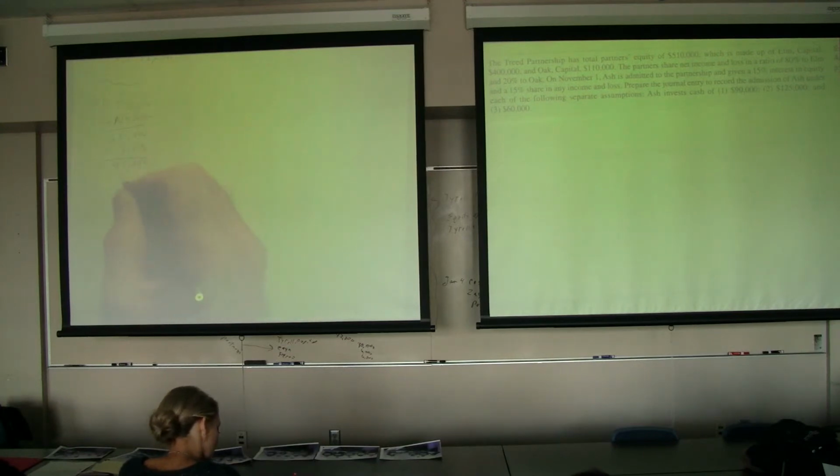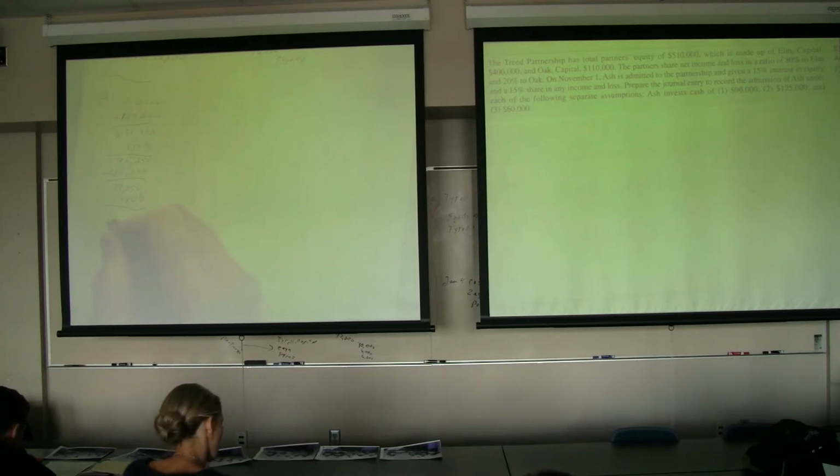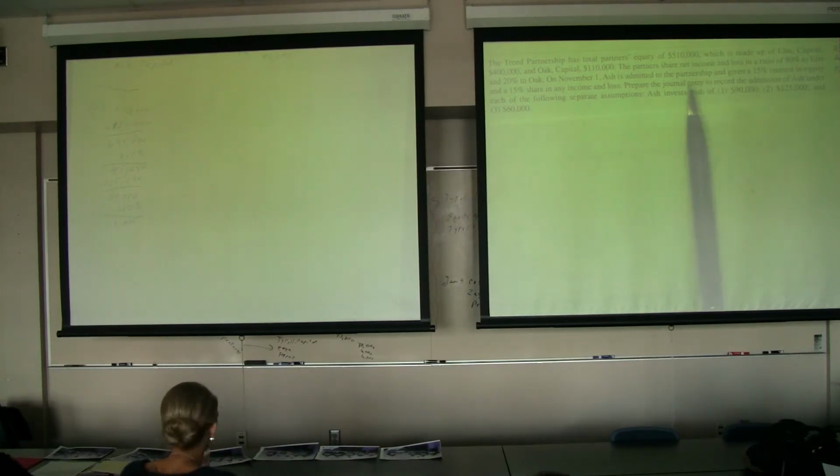So if we have 125, let's just put the 125,000 down. It'll be a negative number. So the difference then is 29,750. Now we multiply this times 80%, and that's 23,800, and that's the amount that will go to Elm, the partner who gets 80%.